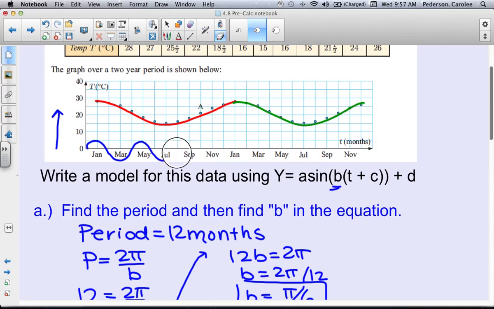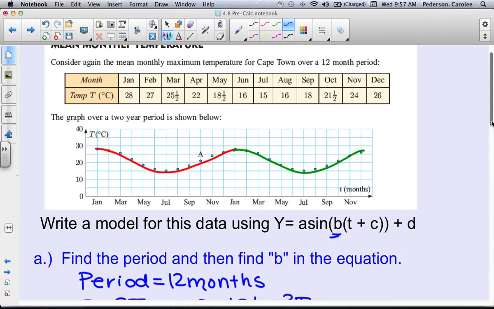So what you can do is take the maximum on the y-axis and the minimum on the y-axis. And then what you're doing is finding the midpoint. So where is the maximum temperature in this set of data? Right here, 28. There's your maximum temperature.